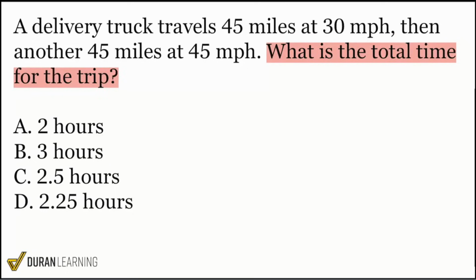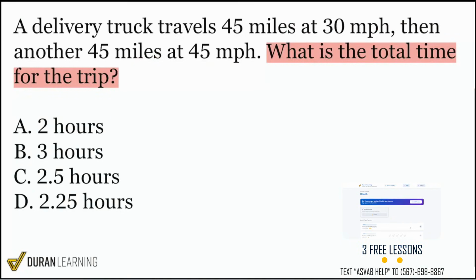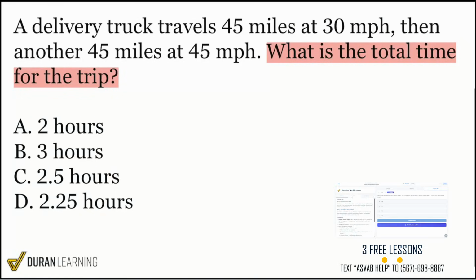Okay. So when I read the actual context, when I read the story, just take a look. We're talking about a delivery truck. It travels this far at 30 miles an hour, then goes another 45 miles at this speed. So everyone, how many legs of this trip are there?